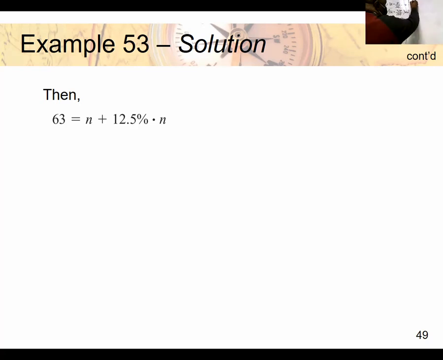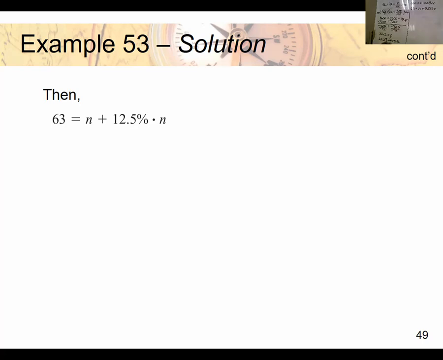So let me do this. 63 is equal to N plus 12.5% times N. Now, let's convert 12.5% to a decimal. What would that be? 0.125. So I'm going to have 63 is equal to N plus 0.125 N. Now, if you notice, these are like terms.